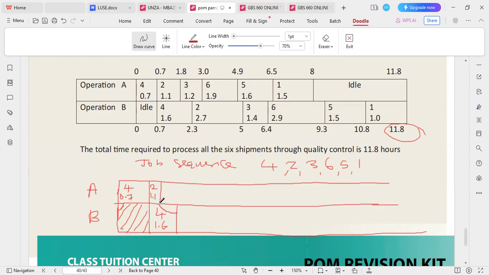Now, between the completion time of job 4 and job 2, the people in operation B were taking 0.5 hours longer, in operation B between the completion time of job 2 and job 6.